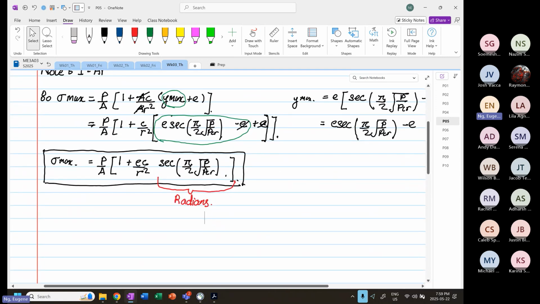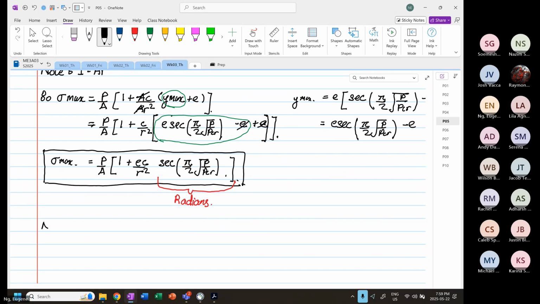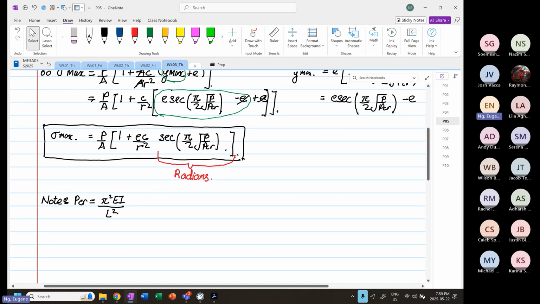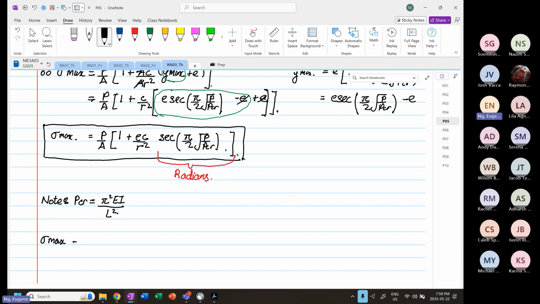Okay, so note that what we have over here is PCR is equal to pi squared EI over L squared. Okay, so I'm going to substitute the PCR equal to pi squared EI over L squared into the stress max. So sometimes you can also see this expression.